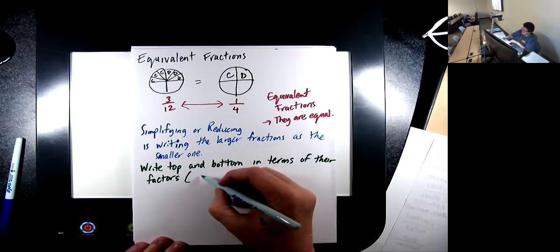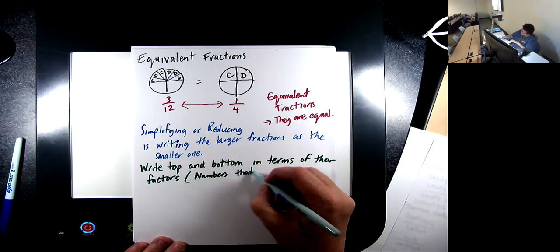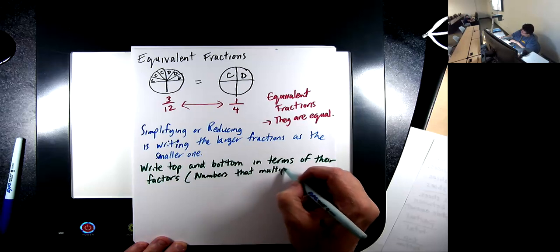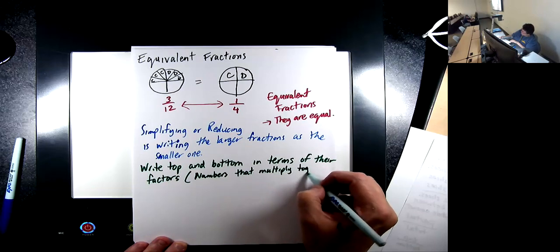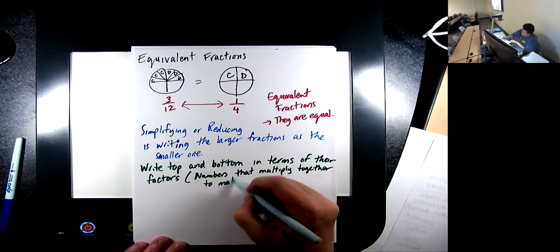And factors are the numbers that multiply together to make the big number, to make the value.